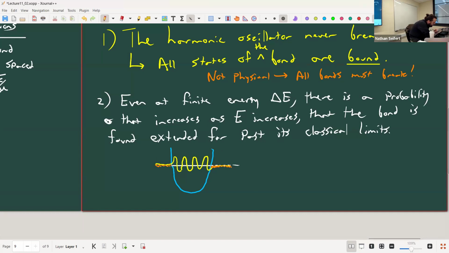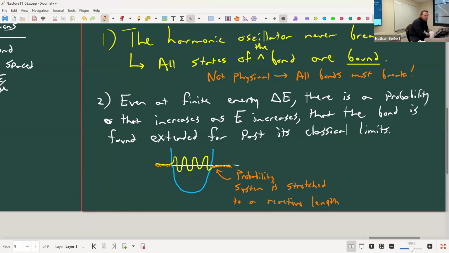So this is the probability the system is stretched to a reactive length. The idea is that maybe the bond kind of leaks so that it's long enough that effectively the OH can come in energetically favorably and replace the chlorine. That turns out to not be exactly the reason why, but it does contribute.